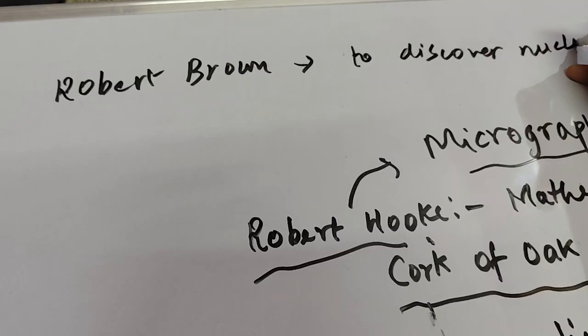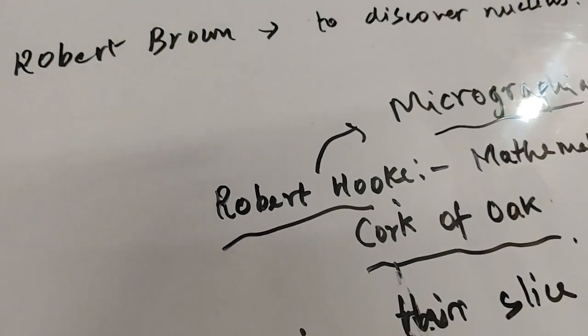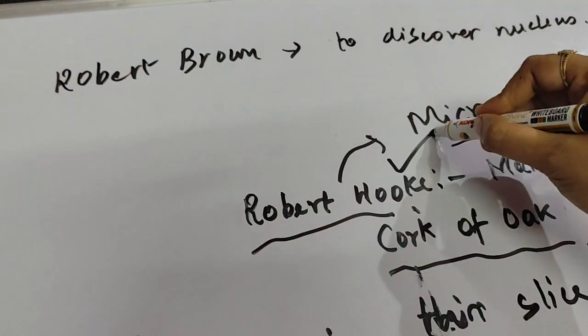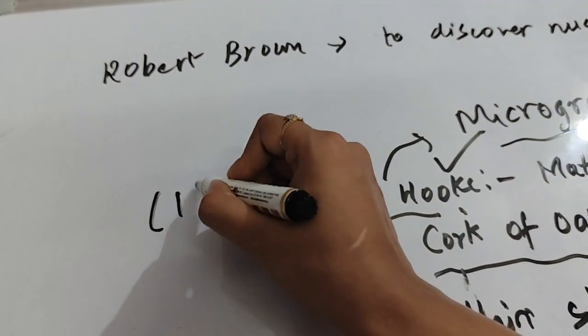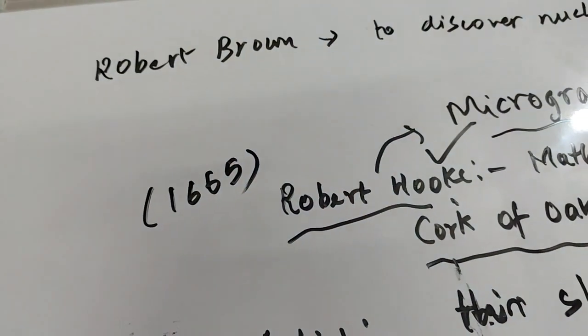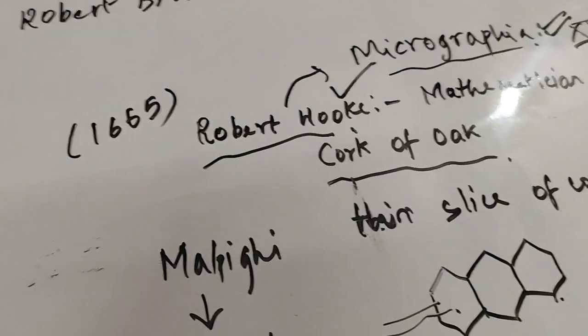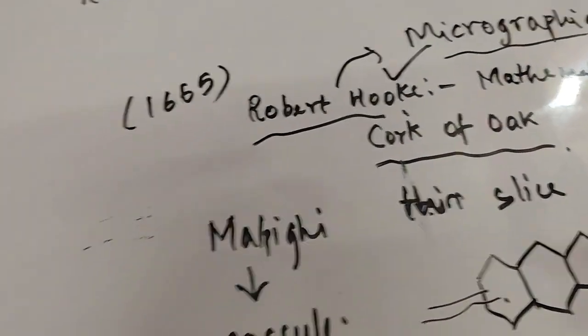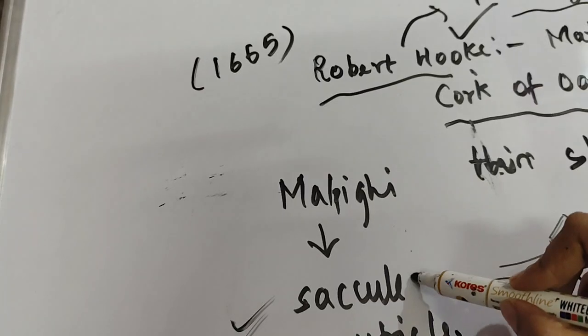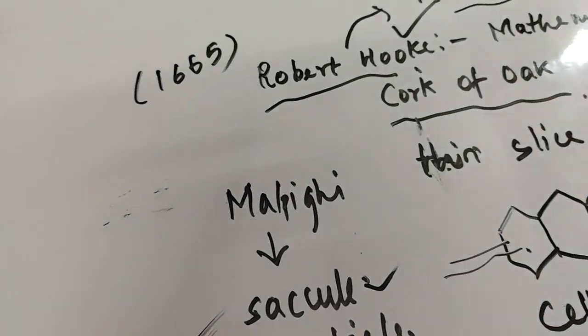So you have to remember the names and their discoveries. Robert Hooke, it was year 1665, and he discovered the cell. He named the cell. Malpighi named sacules utricle to the cell.